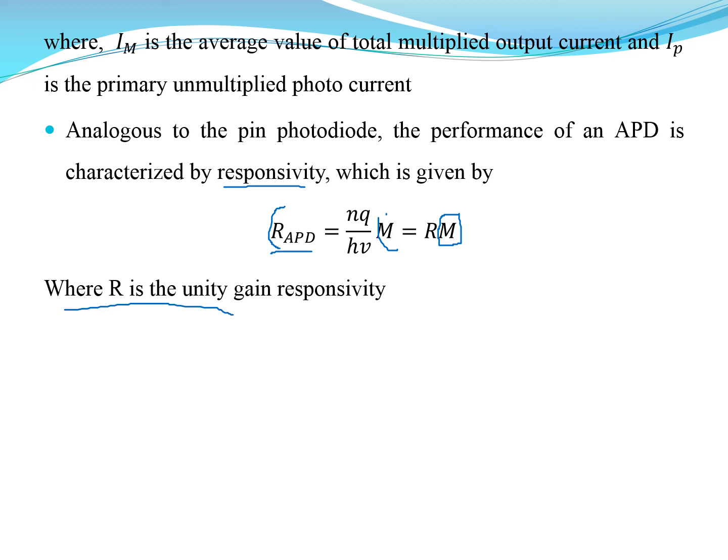But there are drawbacks in the APD: efficiency gets affected and response time may be affected due to the very high gain factor, and also due to the selection of the materials in the P, pi, P plus and N plus regions, selection of impurities, and making the depletion region thickness more and more. So that is a very important concept here in order to measure the performance of this photodiode.